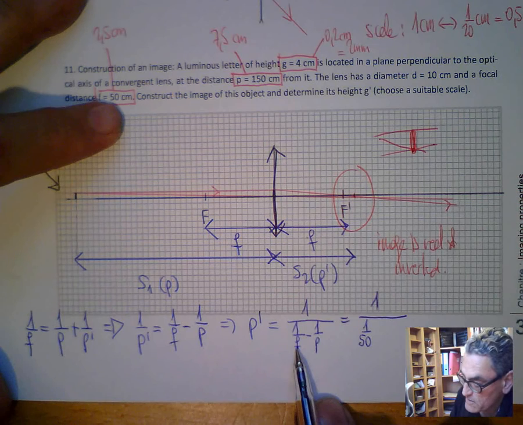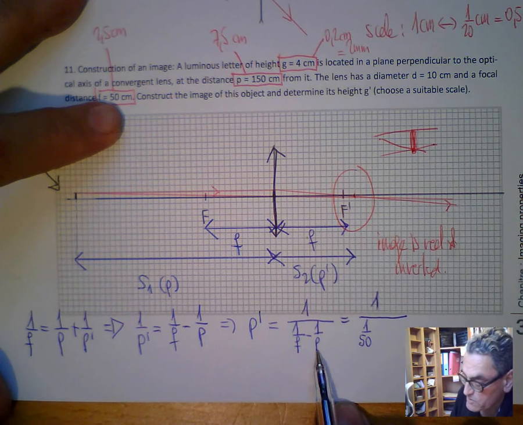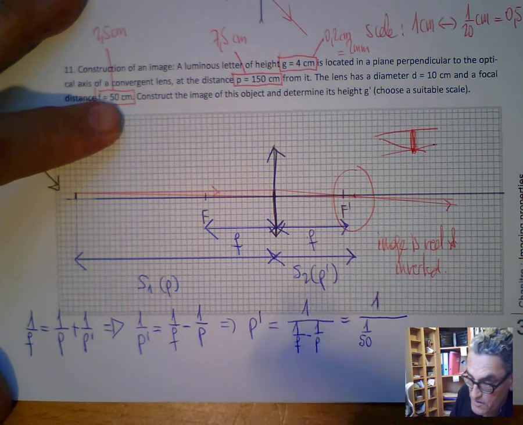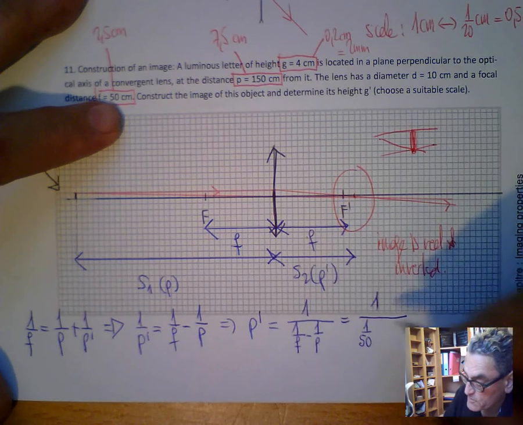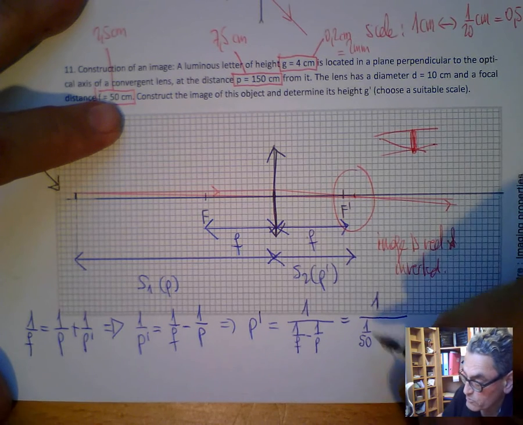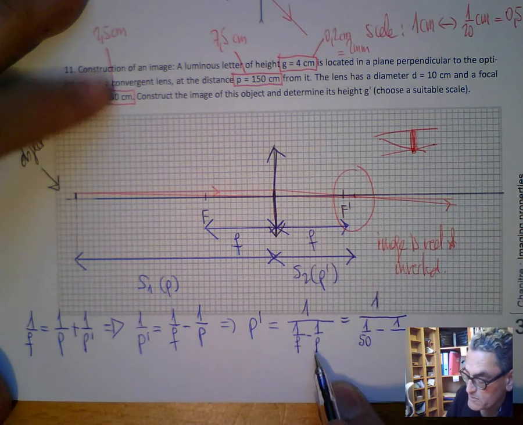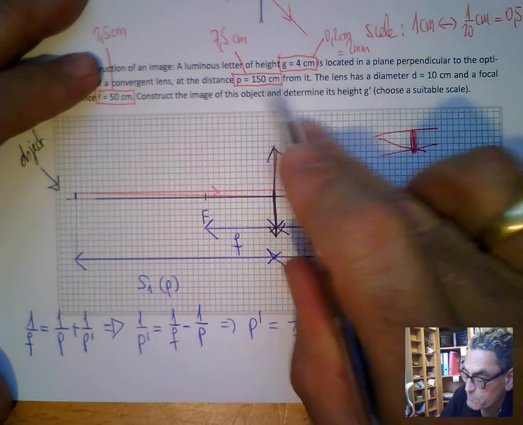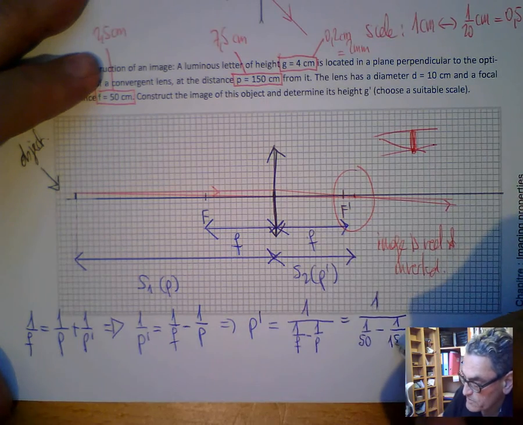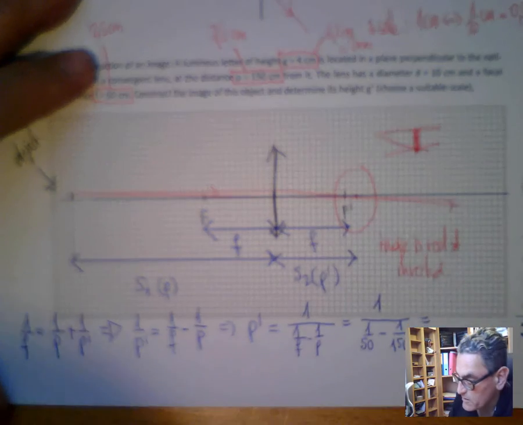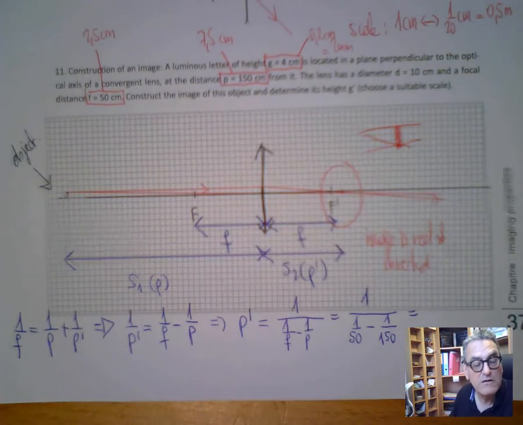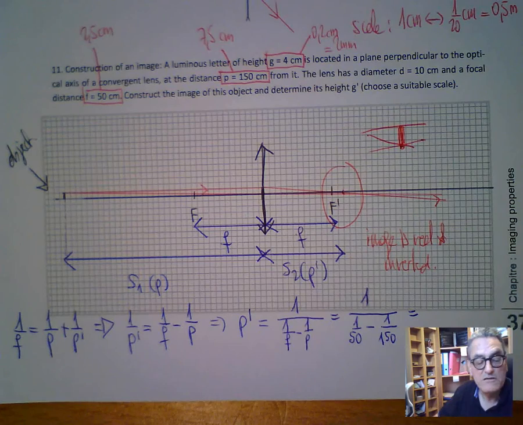But if you use centimeters here, you should also use centimeters here, and the result will be in centimeters. That's the only important point. So just use the same unit all over. Minus 1 over p, and p is what? We said p is 150. Okay, and now we need to compute that. How much is that?